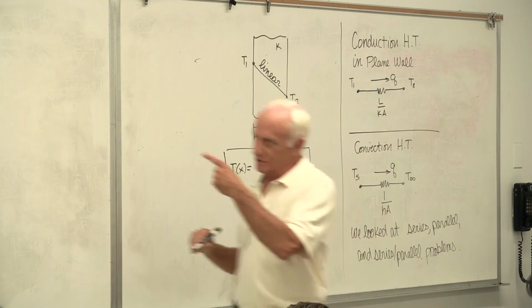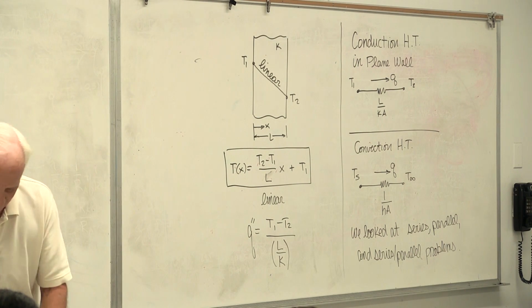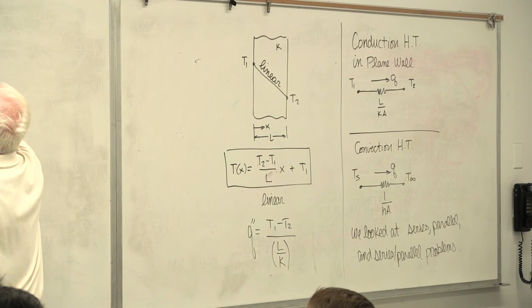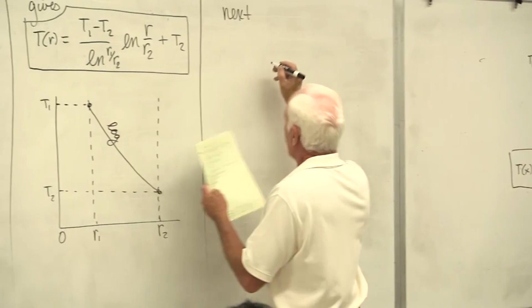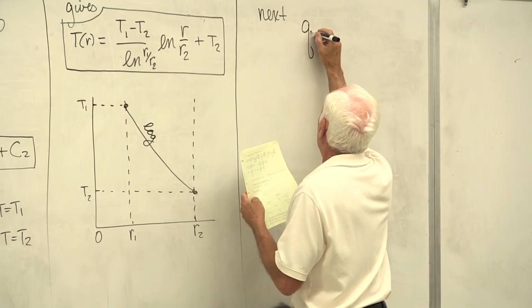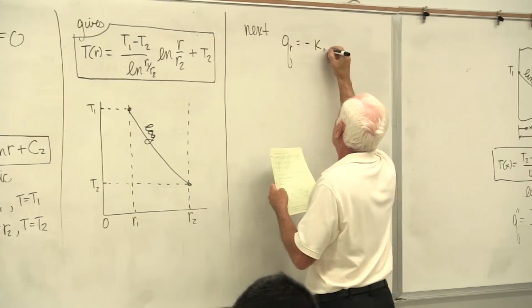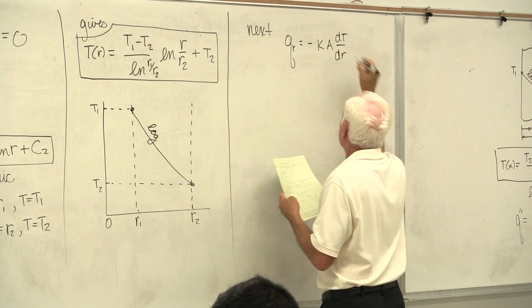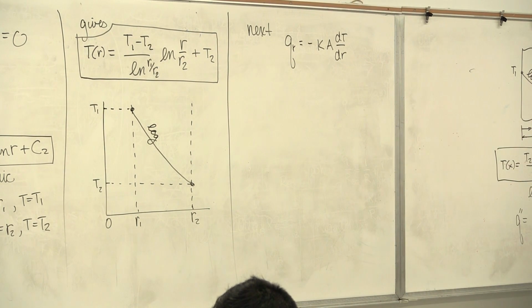So guess what we do now? We're going to find the heat transfer through the pipe wall. Q_r as a function of the radius is k A dT/dr, Fourier's law in terms of radius.